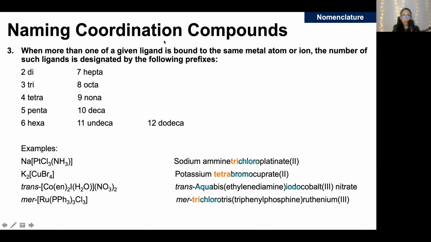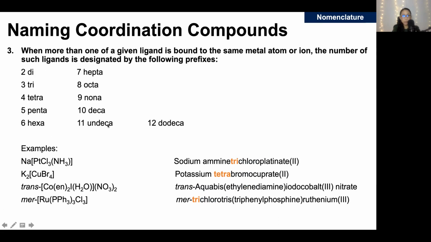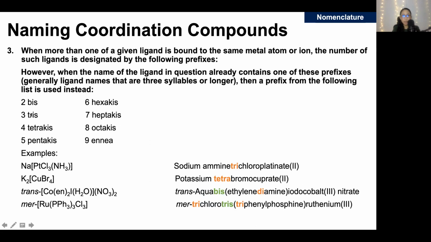Now, when it comes to your ligand, if the name of the ligand already contains these prefixes, then you will use this instead to designate their number. So bis for 2, tris for 3, tetrakis, pentakis, hexakis, heptakis, octakis, and enneakis for 9.